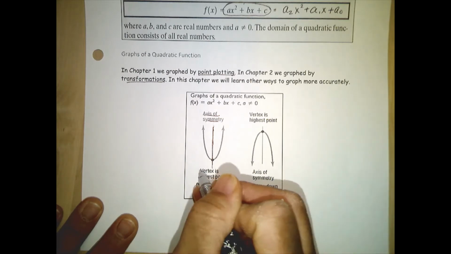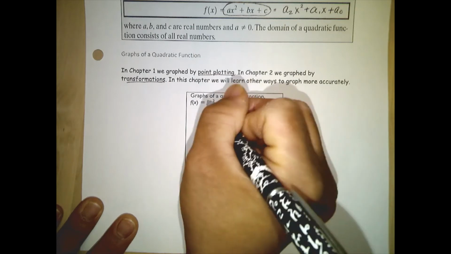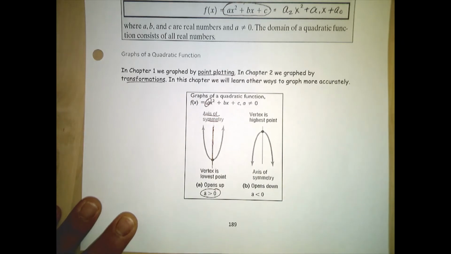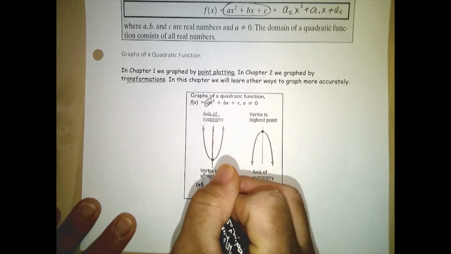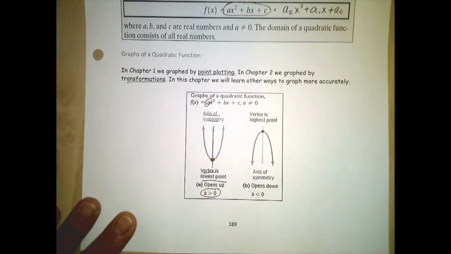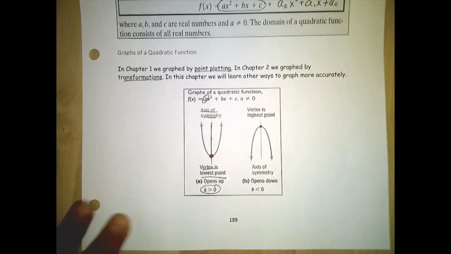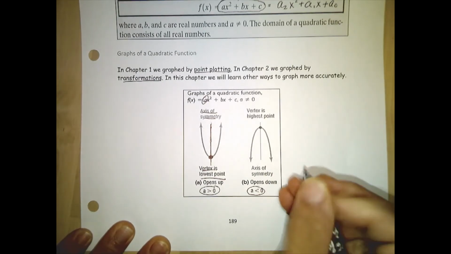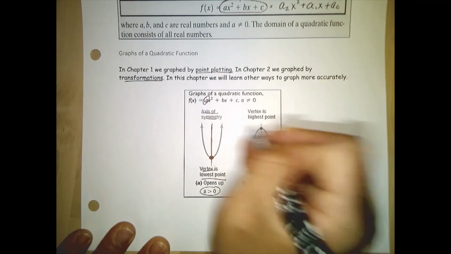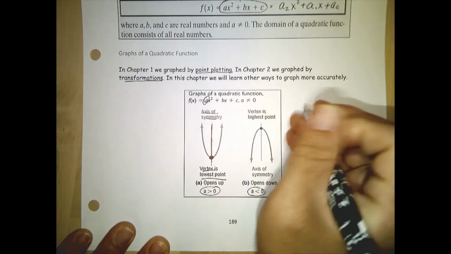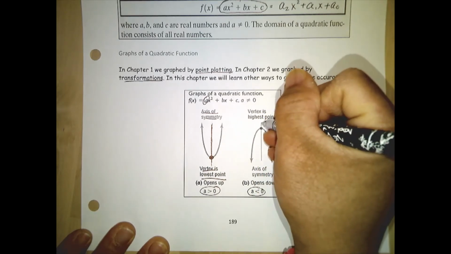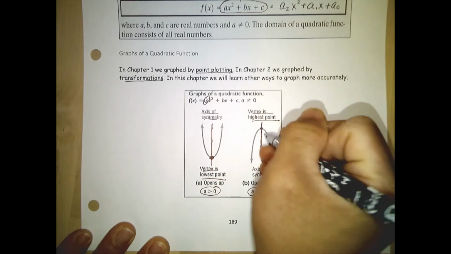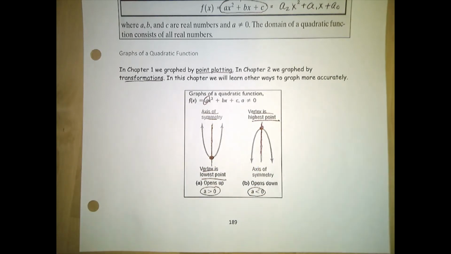And if the a here is greater than 0, then this opens upward, and the vertex is what is called the lowest point here. And then if the a is less than 0, then the parabola opens down, and the axis of symmetry again just goes straight down the middle here, and the vertex is the highest point right here.